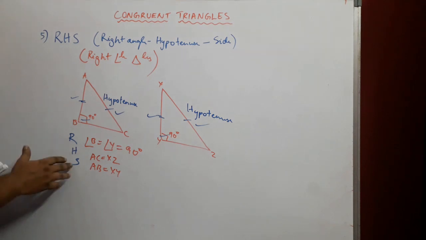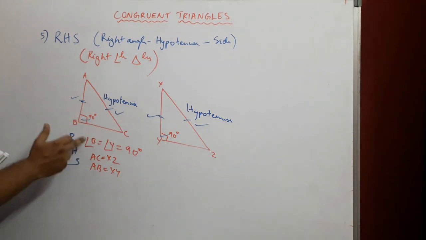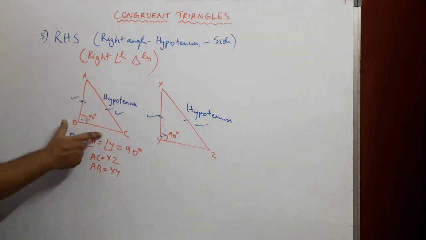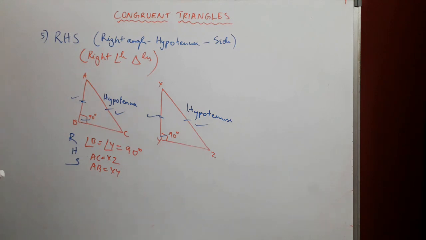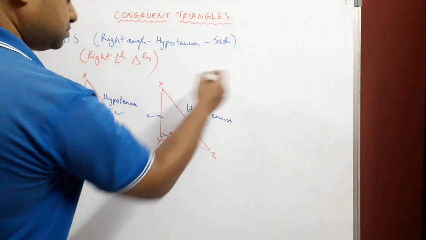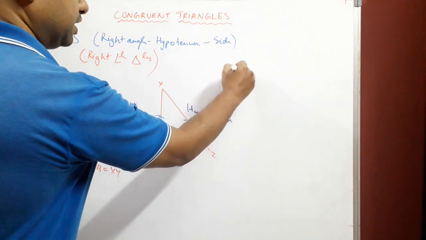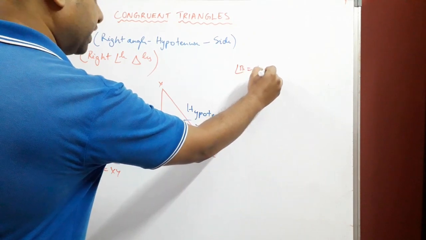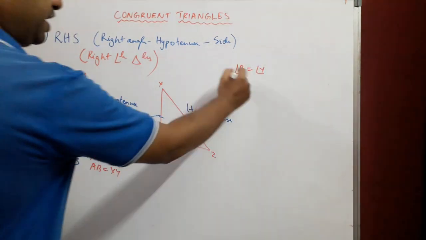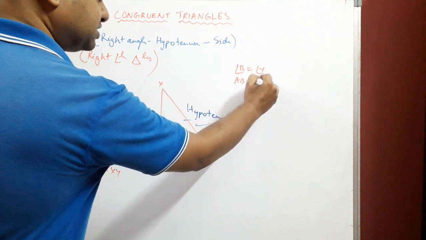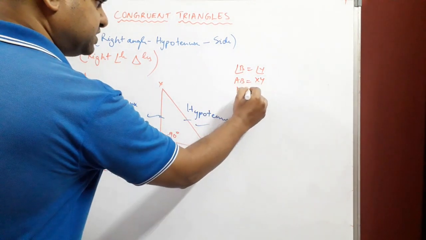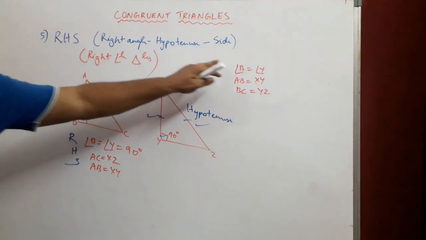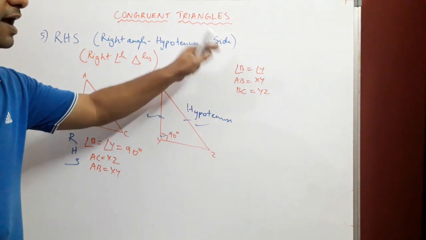So please do not look to take these two sides equal or look to prove two triangles equal using these two sides. What I'm trying to say is, do not go and do something like this. Let's say angle B is equal to angle Y, which is correct, but you take AB equal to XY and BC equal to YZ. You will say we've got a right angle and we've got two sides.